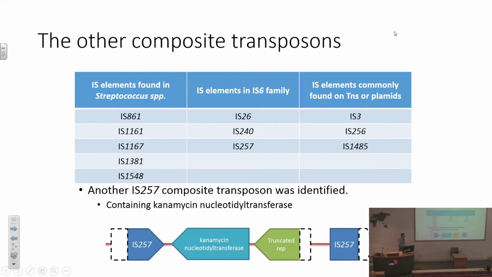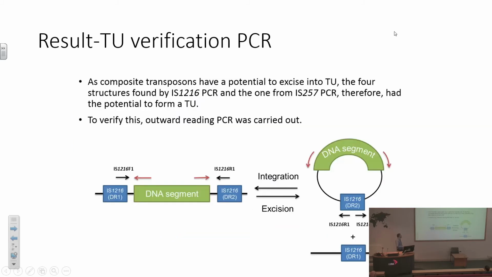What we found was just another single one from IS257, which incorporated a kanamycin resistance gene here. So we've shown quite nicely that we've got composite transposons circulating within the mouth of healthy humans, and these composite transposons have antiseptic and antibiotic resistance genes within them, which is nice.